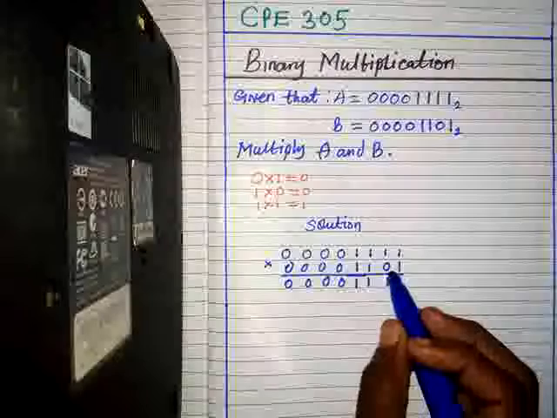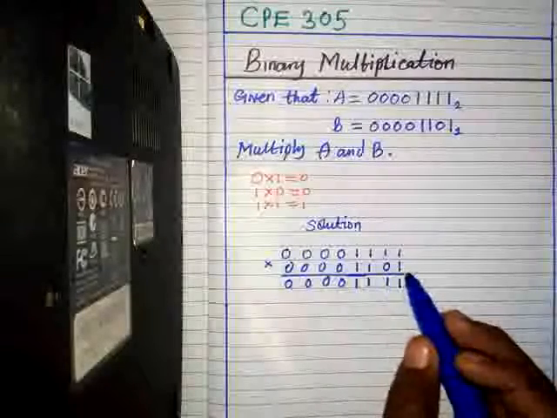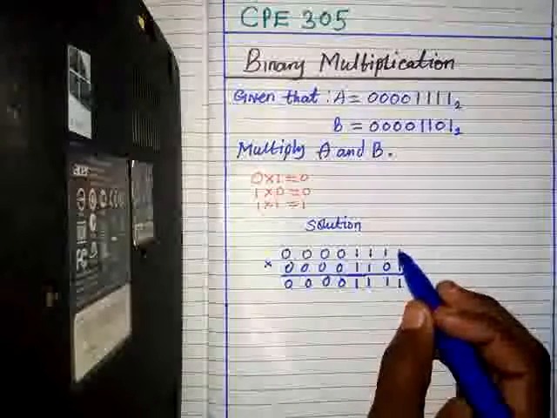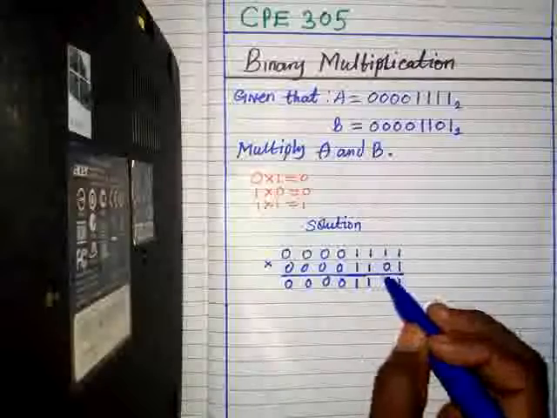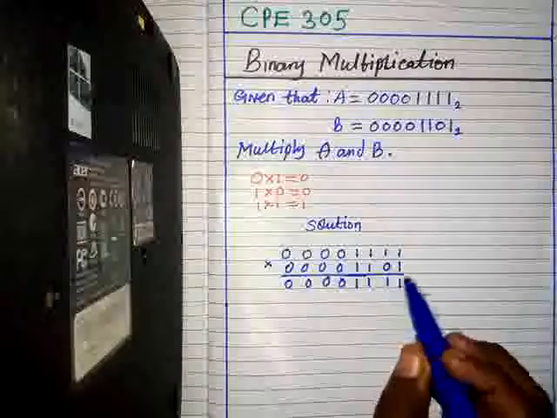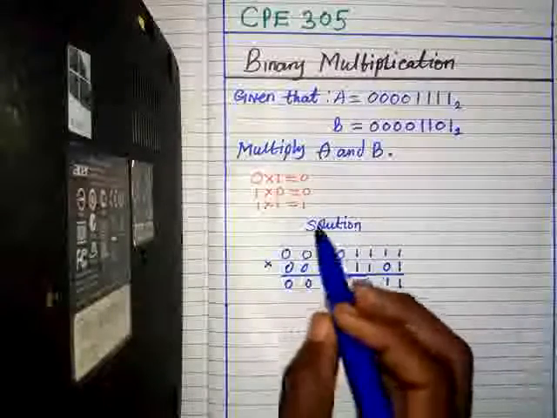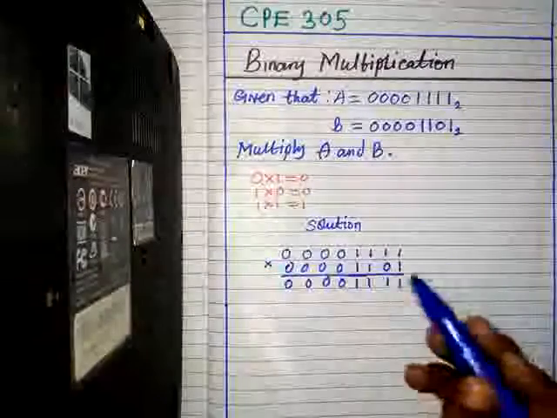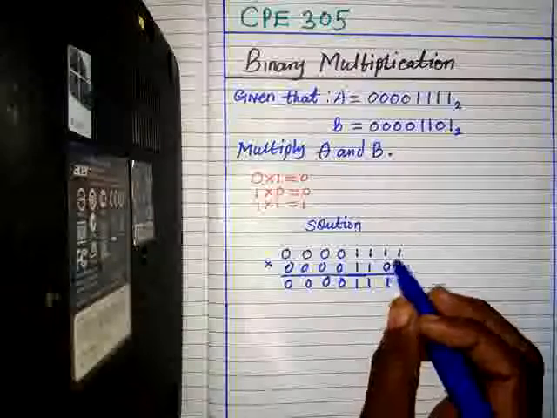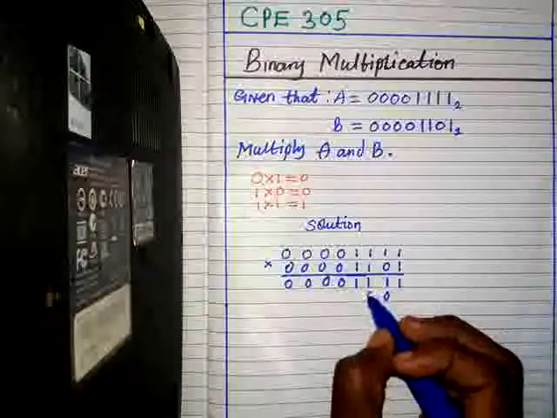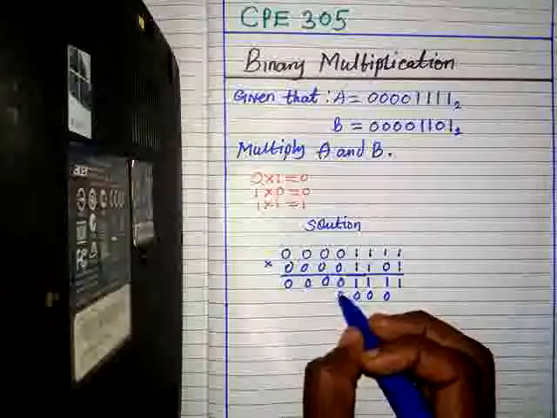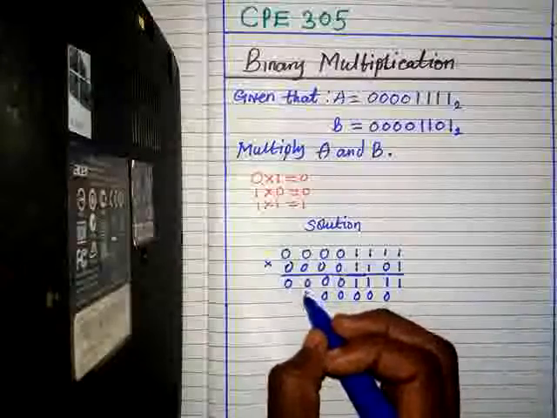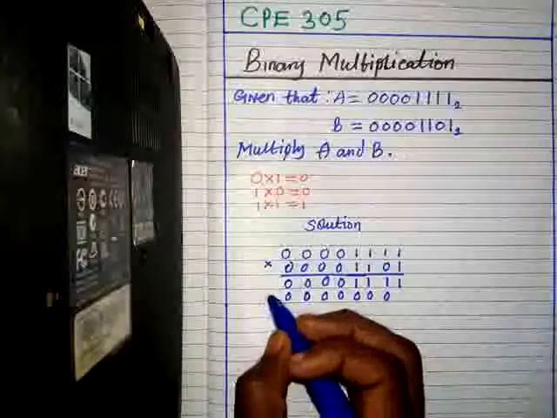Now we move to the second digit, which is 0. 0 times 1, 0 times 1, 0 times 1, and any number multiplied by 0 is 0. So all of the values here will be equal to 0, like this.